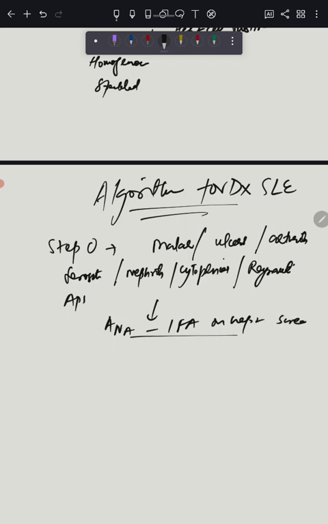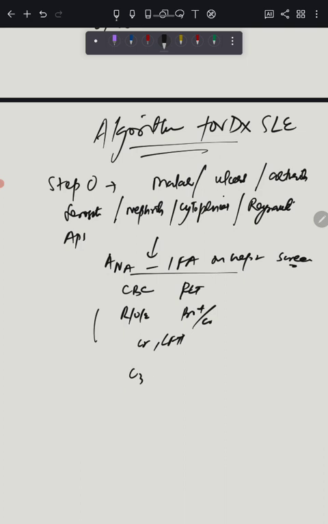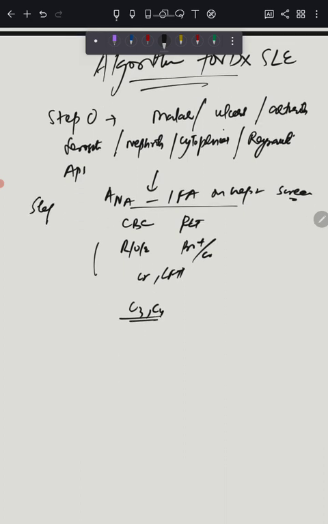It has higher sensitivity, and you will also do baseline tests, so see the CBC, check platelets, lymphocytes, and leukopenia, and also do a routine urine examination to look for cellular casts, that is RBC casts, or proteinuria, and also the protein to creatinine ratio, and you will also see creatinine and LFTs. If there is high suspicion, then you can add complement levels C3 and C4. This is step 1.